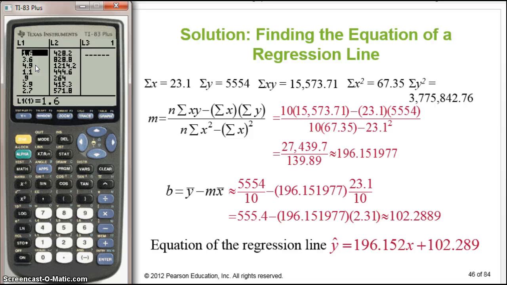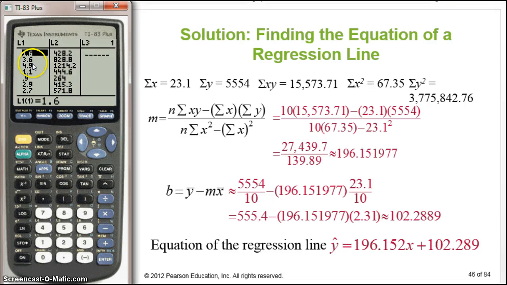So it is reasonable for me to assume that I could estimate a GDP of 2 because 2 is between 0.9 and 4.9. But if the problem said, well, what do you think the carbon dioxide rating would be if we had a GDP of 7?